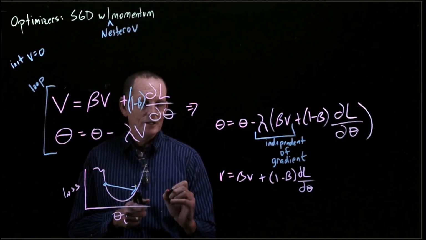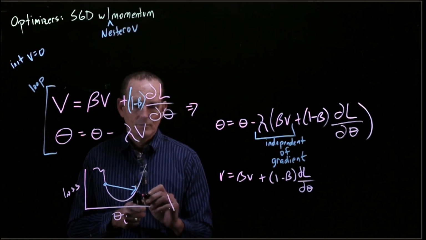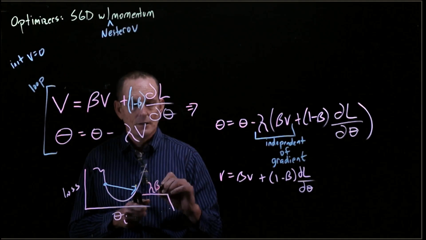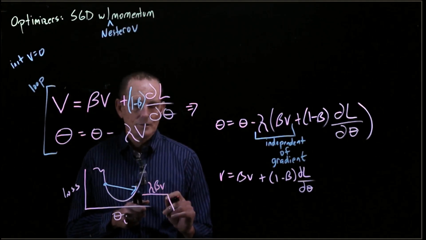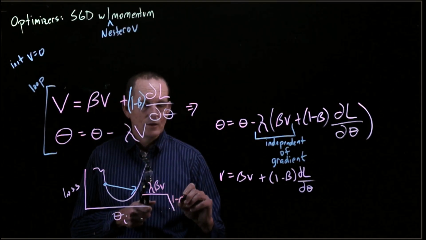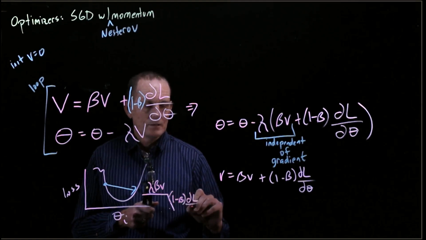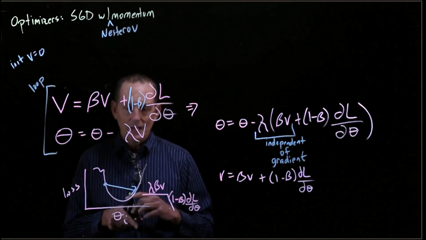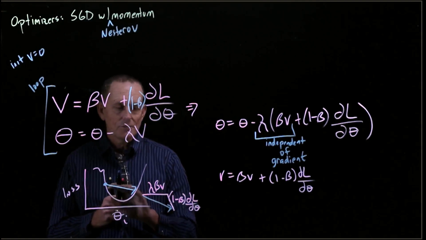One vector is lambda beta v, and the other vector is 1 minus beta times the gradient. And that gives us this vector here, where this vector and this vector are supposed to be the same thing.